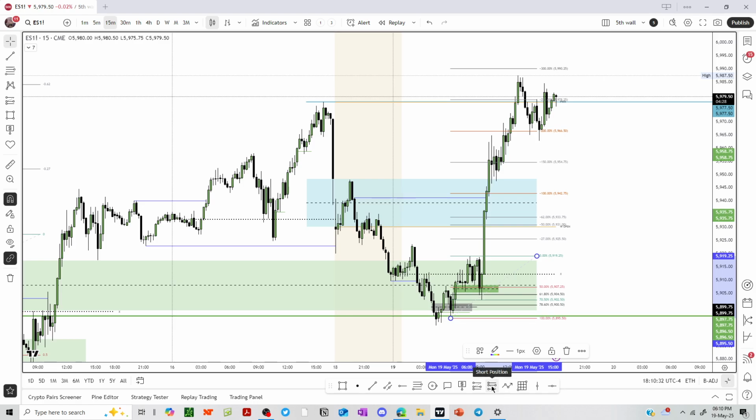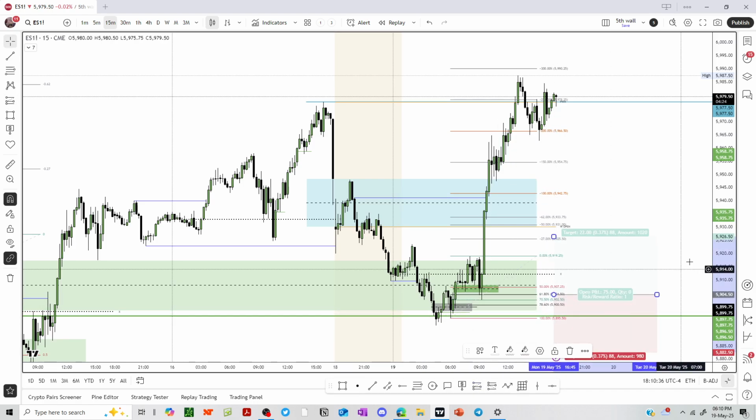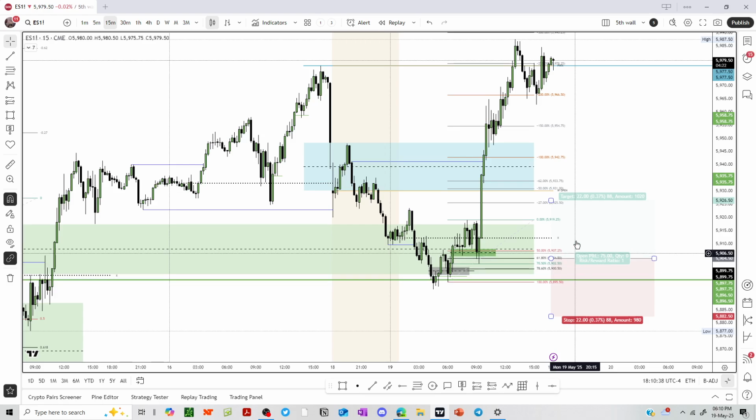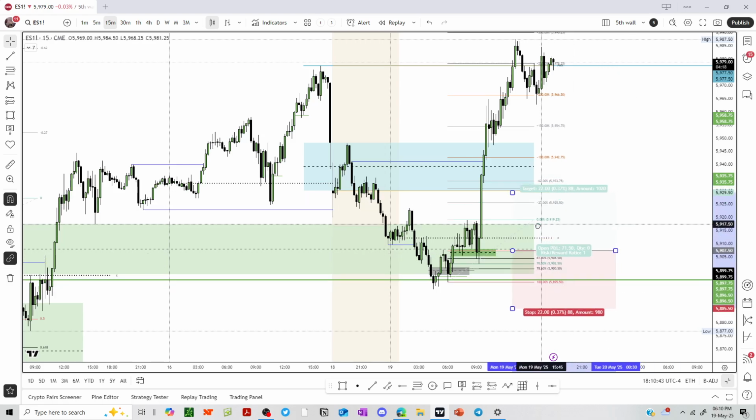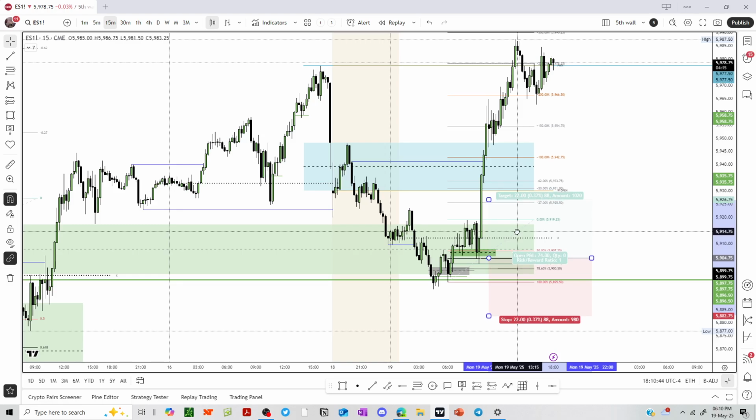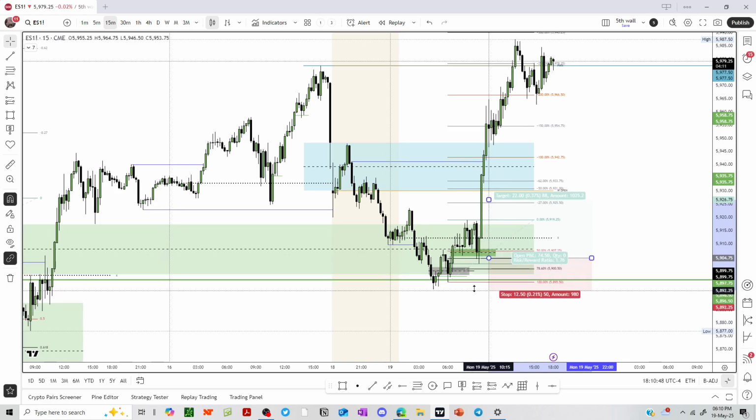I don't want to break out the calculator. Naturally, I set it for 1 to 1, but let's adjust it. So let's use 61.8 as our entry model. This is your stop.